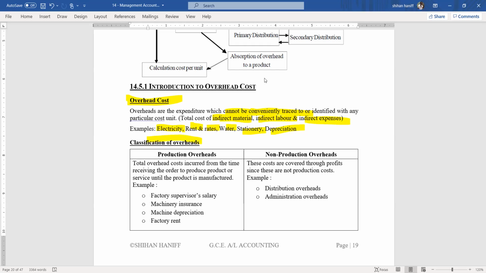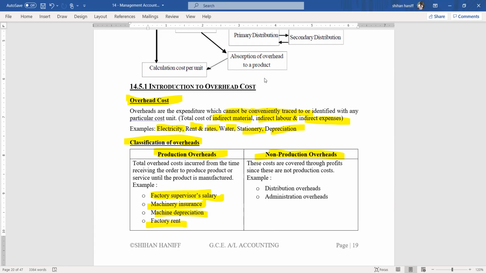Then we classify the overheads as production overheads and non-production overheads. Production overhead means the overheads related to manufacturing. Supervisor salary, factory supervisor salary, machine insurance, machine depreciation, factory rent, anything related to the factory production, manufacturing process.